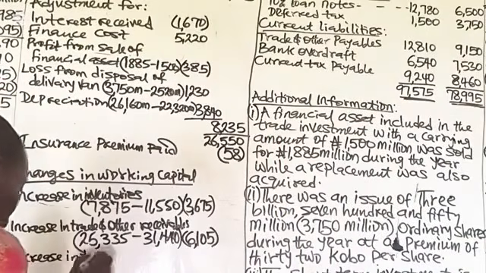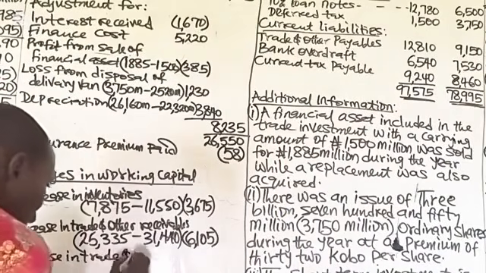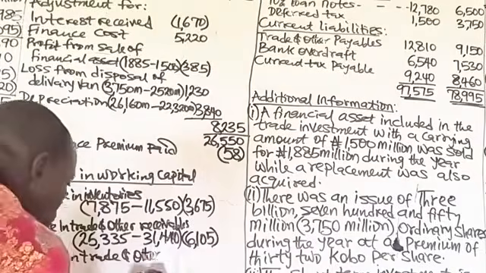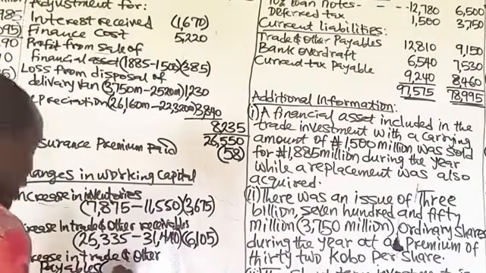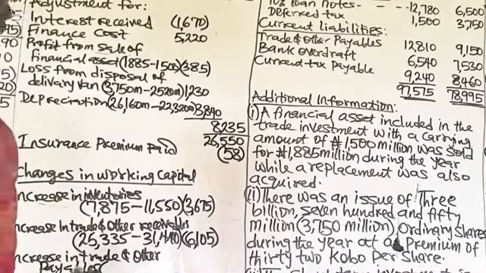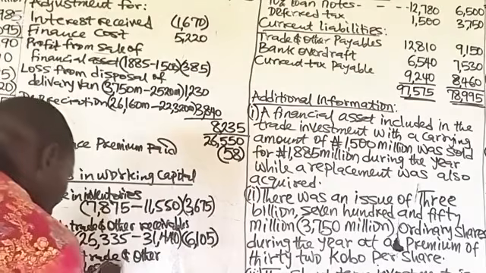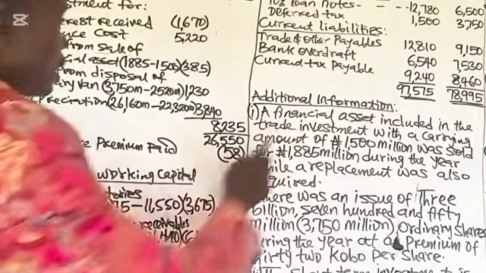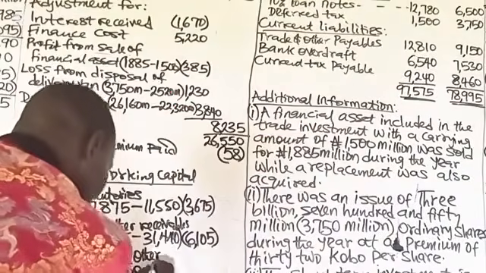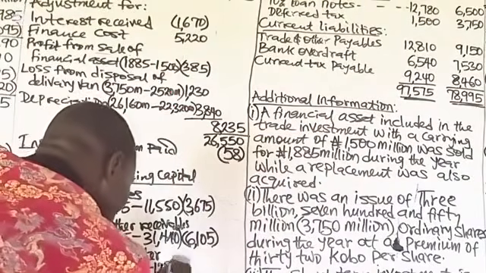The 2024, we have 9,150 minus 2025, which is 12,810.